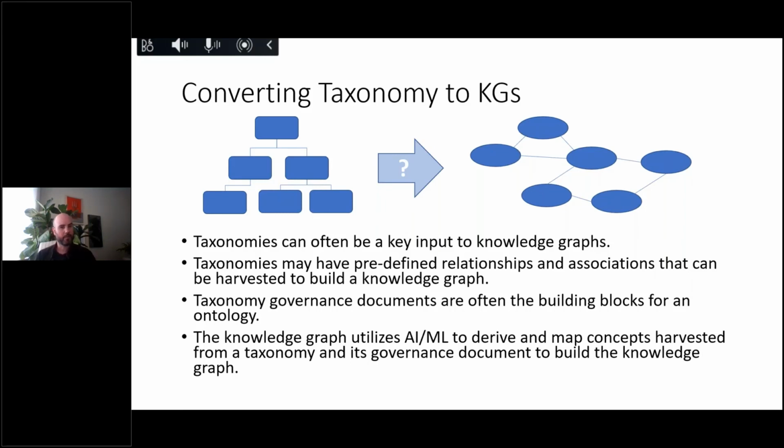You're going to have your preferred terms, your non-preferred terms, and your relationship types in those governance documents. Those are all really key inputs into creating an ontology for a knowledge graph. But the knowledge graph is going to use AI, machine learning algorithms, to derive and infer new information, and it's going to have a different set of requirements and a different set of governance documents around it.